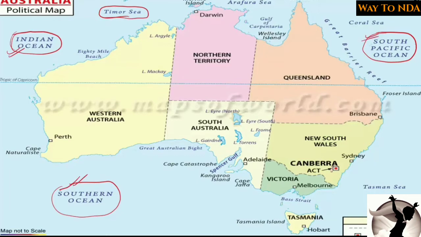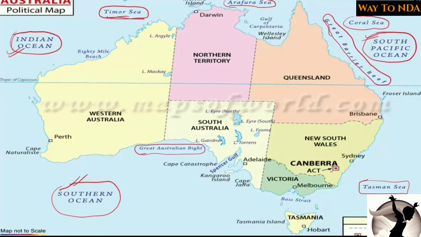Okay, now this is Timor Sea. Here if you see, this is the Arafura Sea, this is Coral Sea, and near the Coral Sea is the Great Barrier Reef, which is very famous for its coral structure, very important. Okay, here you will find the Tasman Sea, and here the Great Australian Bight.